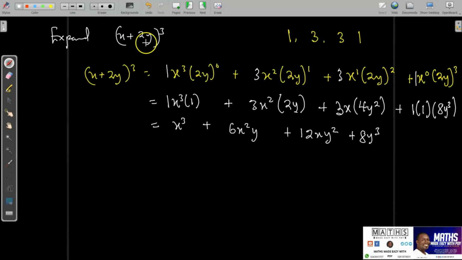Sometimes it might be subtraction, but you should be able to work it out from whatever we are just doing here. x minus y all raised to the power 4. What is going to be our expansion? x minus y all raised to the power 4.